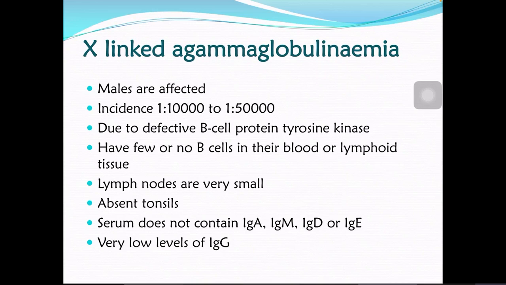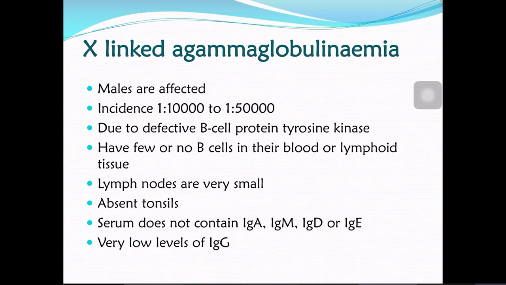Because of this defective B cell protein, these patients who are agammaglobulinemic have very few or no B cells in their blood or lymphoid tissue. If there are no cells in the lymphoid tissues, they tend to have very small lymph nodes.